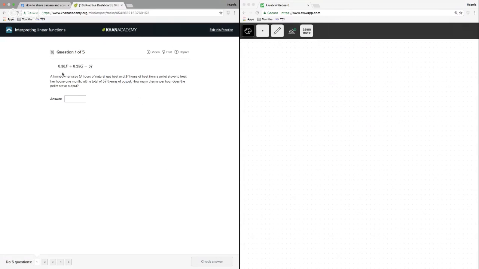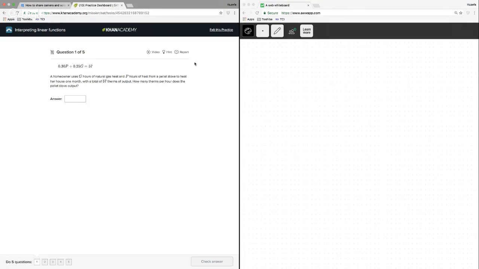So the question is, here we go. The G represents hours. The P represents hours. They're not asking you to make any calculations. All they are asking you to do is say, how many therms per hour does the pellet stove output? Now look at the pellet stove. It's represented by P, and it's got this coefficient in front of it. Often, whenever you have something representing hours like P, whatever that coefficient is, that's going to be the hourly charge, or the hourly revenue, or in this case, the hourly therm output.